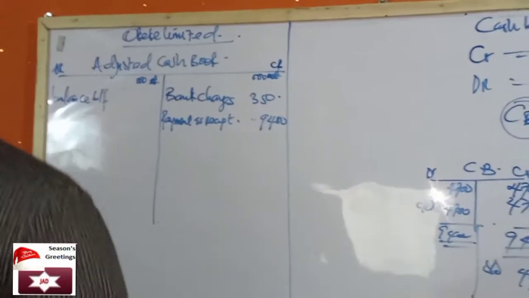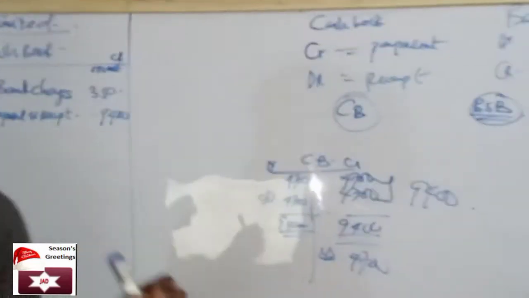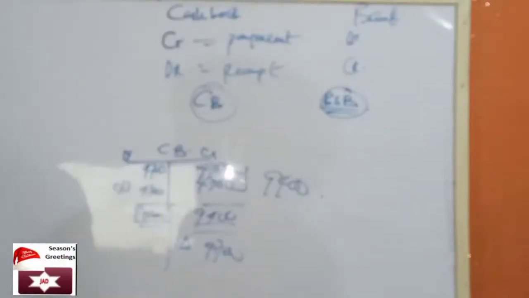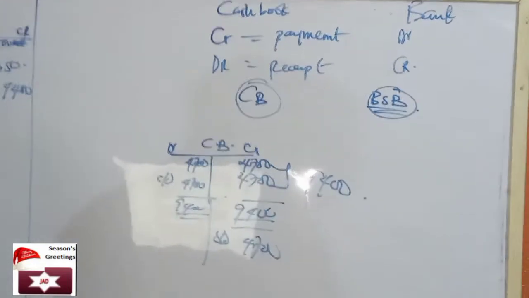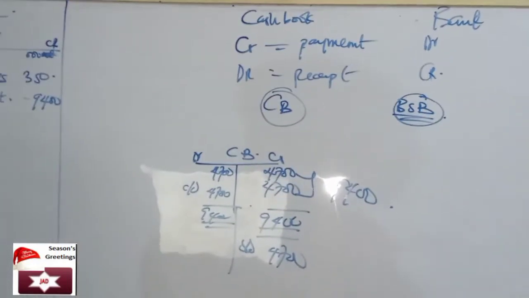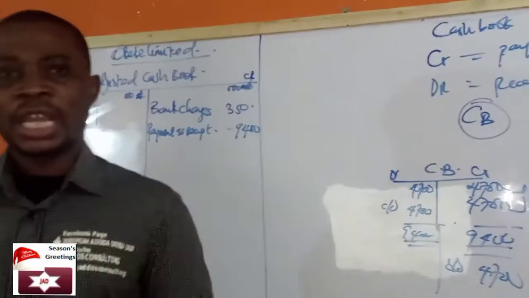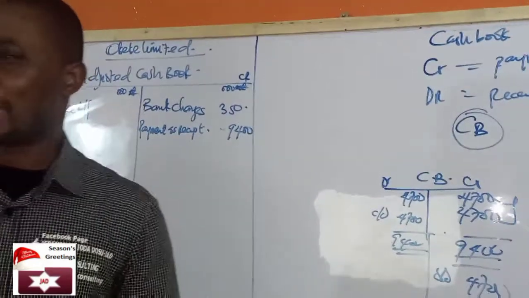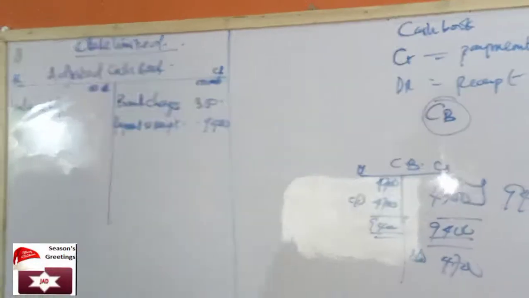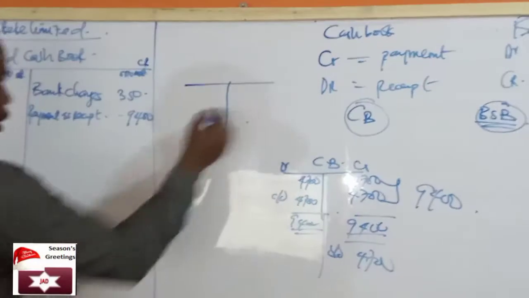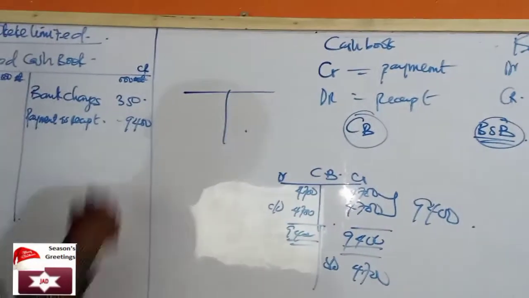So what it means is that we paid a check into the bank account, but the bank returned it. The business received the check, and when you receive a check, you debit the cash book, and then you pay it into the bank account. But now the bank is returning it, so we have to reverse it in the cash book. What I'm saying is this: we received a check of how much?